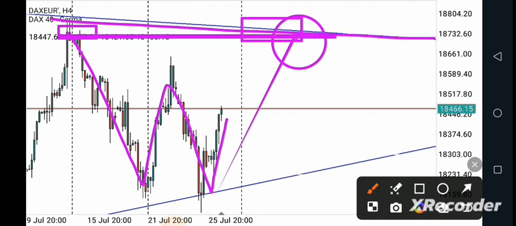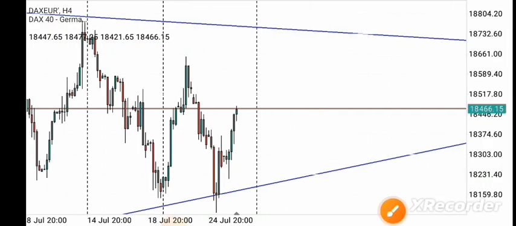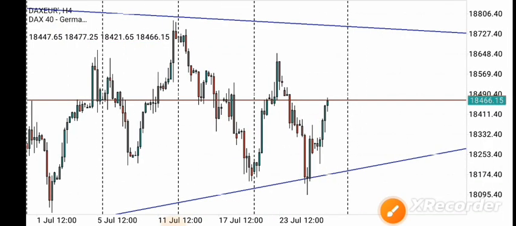And I said that at this point again we may see the market move further down. So right now, just based on the H4 chart, in as far as buy or sell opportunities go, I don't see any.